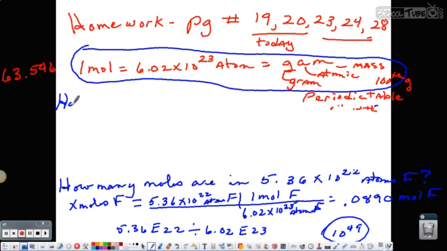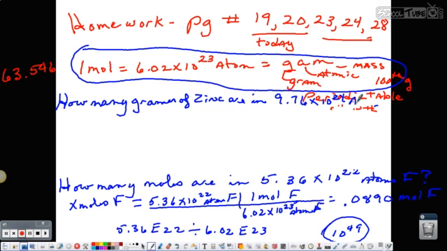How many grams of zinc are in 9.76 times 10 to the 24th atoms of zinc?